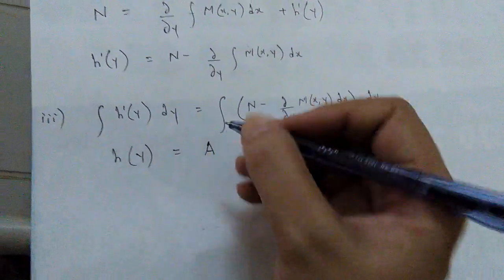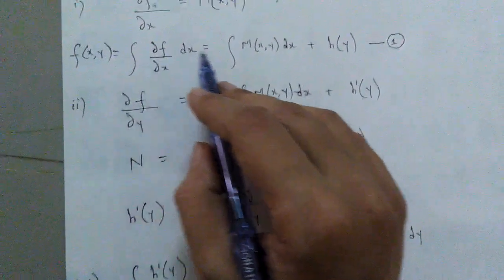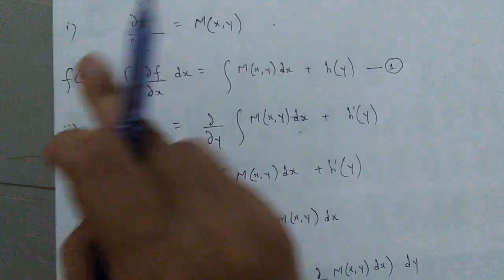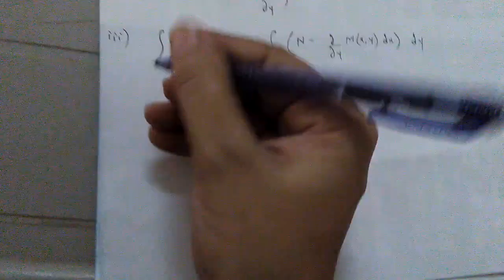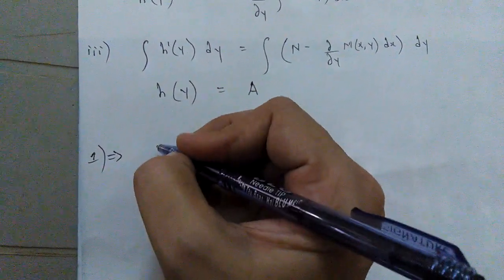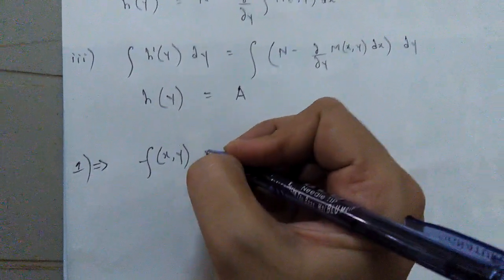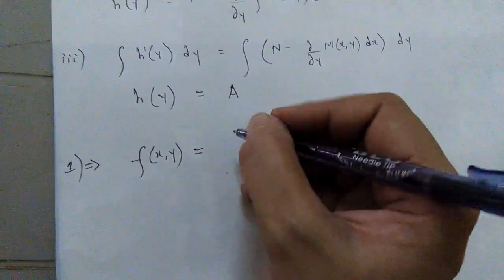Whatever answer you get for h of y, you will substitute over here and you will get your f. Once you substitute this h of y value in your equation 1, we will get our function value, which is the solution of the exact differential equation.